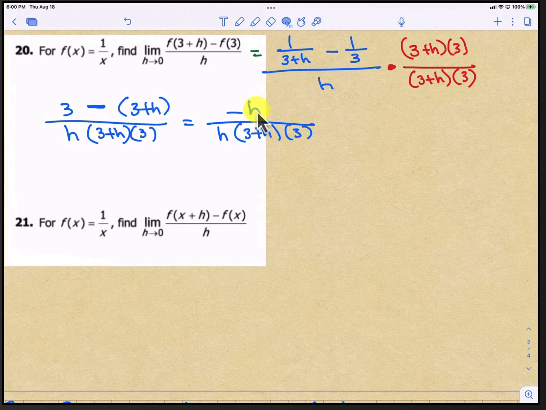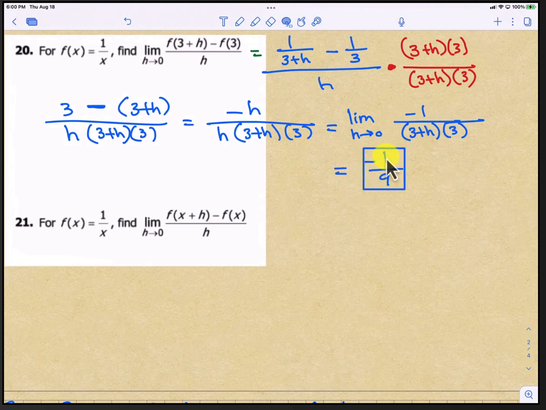So that's negative h on the top. The negative h on the top cancels with the h on the bottom, and that leaves you with negative 1 over 3 plus h times 3. We can now do direct substitution by plugging in 0 for h, and that's going to leave us with negative 1 over 9 as our final limit.